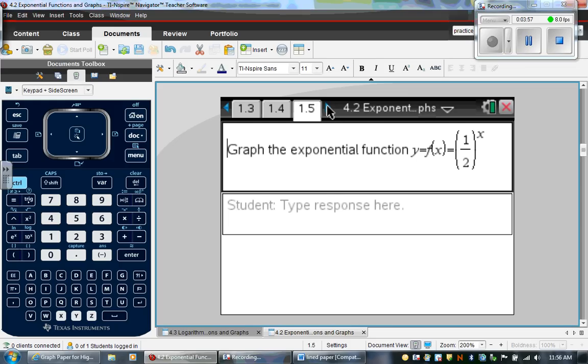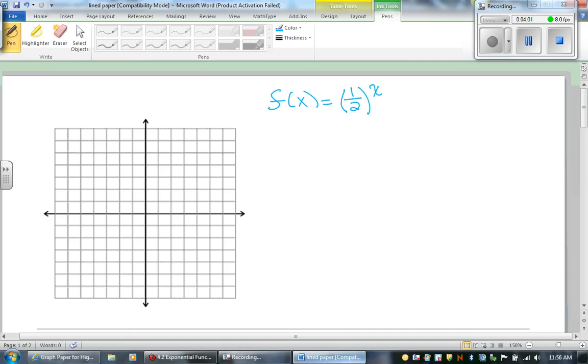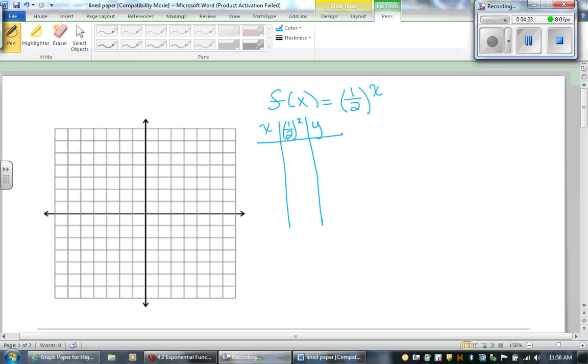Okay, the next one we're going to look at is f of x equals (1/2) to the x. We're going to do the same procedure here. We're going to start by building that table of values. Let's start by actually taking a look at the function.